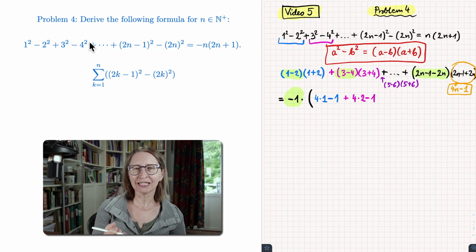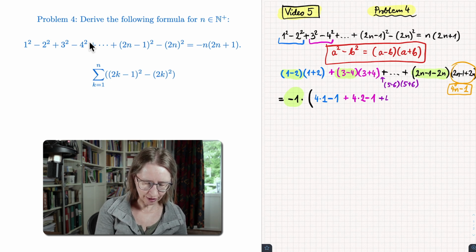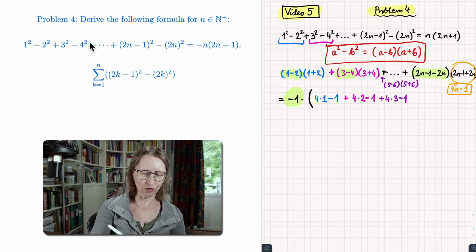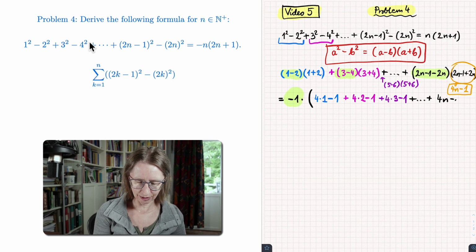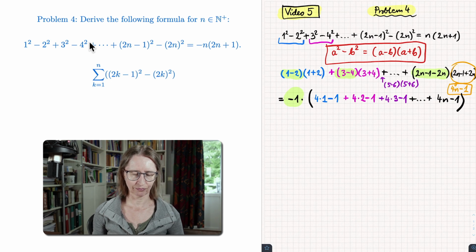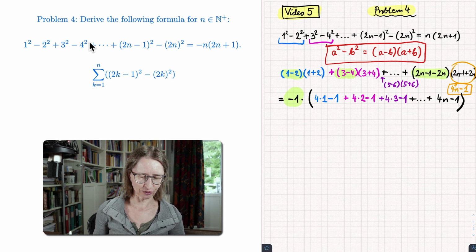And 11 is equal to 4 times 3, it is 12 minus 1. So I can write it here, 4 times 3 minus 1. And so on and so on. So I write 3 dots, and the very last one will be 4n minus 1.